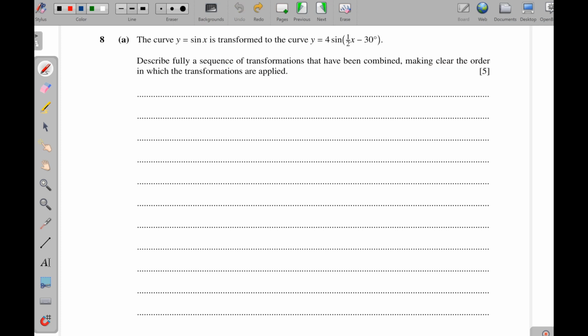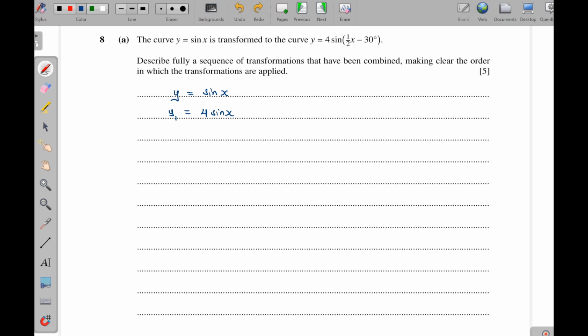Now, I'll begin with y, which is equal to sin x. Then next, I can have 4 sin x. So since I'm multiplying something on this y, that is a stretch. A multiplication is a stretch. Multiplication and division, it's a stretch.